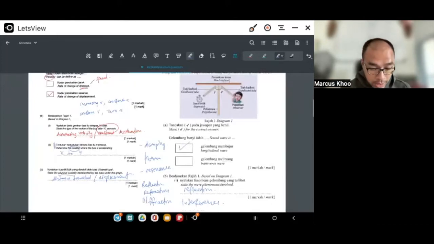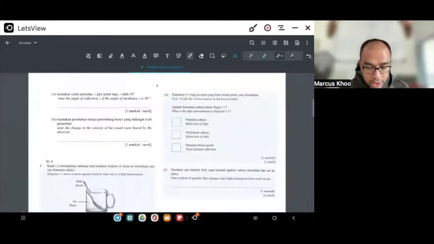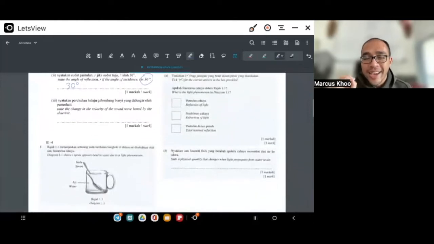with the current picture. State the angle of reflection if the angle of incidence is 30 degrees. Obviously, it's 30 degrees because angle of incidence equals angle of reflection. State the change in the velocity of the sound wave heard by the observer. Technically, the speed doesn't change.